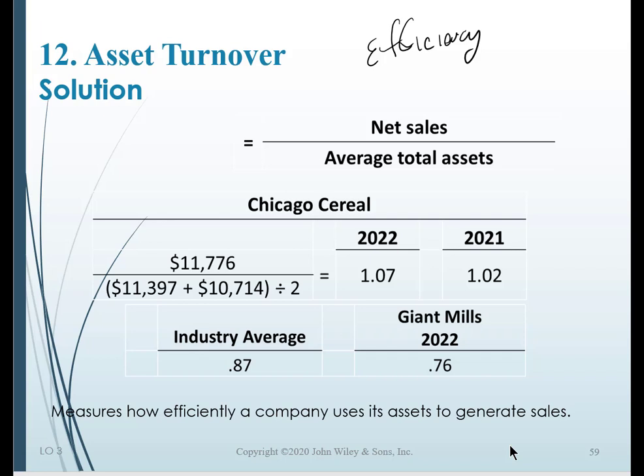Did we choose the right amount of assets or not? The bigger the number, the more efficient we are. And you can see here, we've increased our efficiency since last year, and we're definitely better than what the industry and our competitor are doing. So again, as a profitability measure, we are controlling our assets much better.